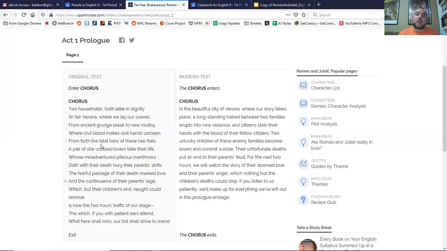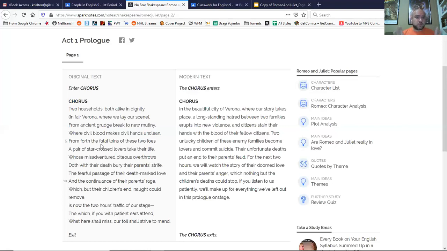A pair of star-crossed lovers take their life. This one tells you right up front, and it's not even a spoiler alert. It tells you within, let's see, one, two, three, four, five, six lines into the play that these two characters, by the end, are going to die. And not only are they going to die, they're going to kill themselves. Both of them will.